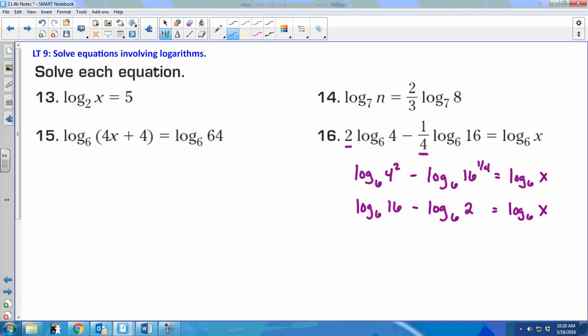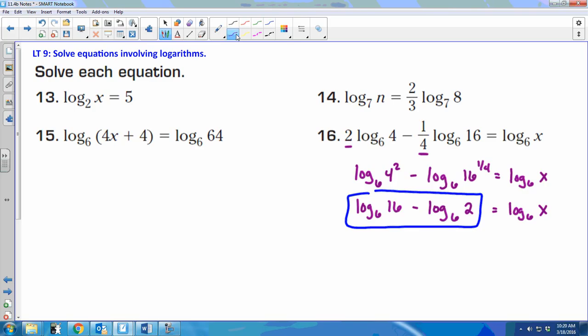Again, to solve this, I have to have one logarithm on each side. So I have to condense this side. I have to change this into one logarithm. So if I'm subtracting two logs and I want to condense it into one, what happens to the values? Divide them, because we're subtracting, right?